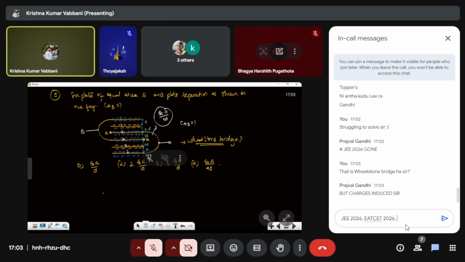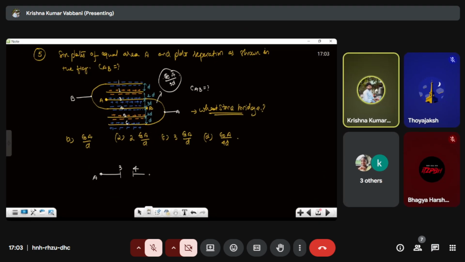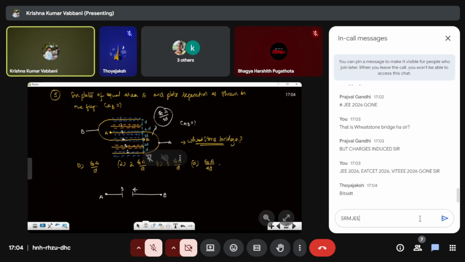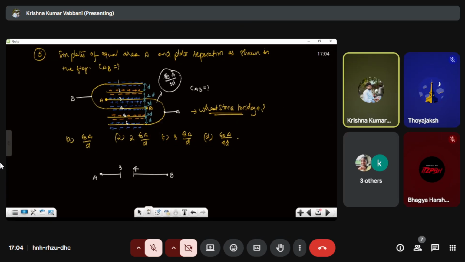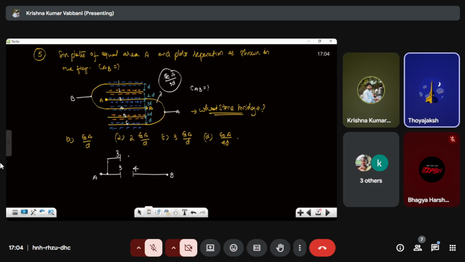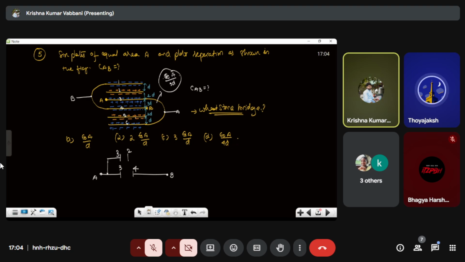Let's check terminal A. Terminal A is connected to 3, and 3 is parallel to 4. 4 is connected to B. Okay, and this terminal A, and again parallel plate B. A is connected to 3, and 3 is parallel to 2.